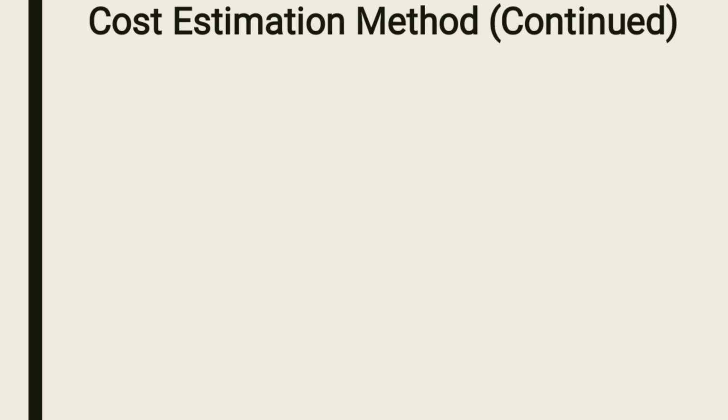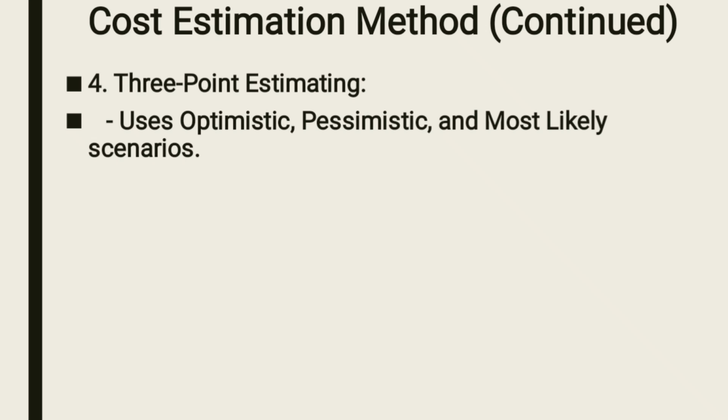Let's talk about another cost estimation method: 3-point estimating. On 3-point estimating, we are using the concepts of optimistic, pessimistic, as well as most likely. Optimistic is the smallest amount of money that you can put into a project whenever things are running smoothly, an ideal situation.